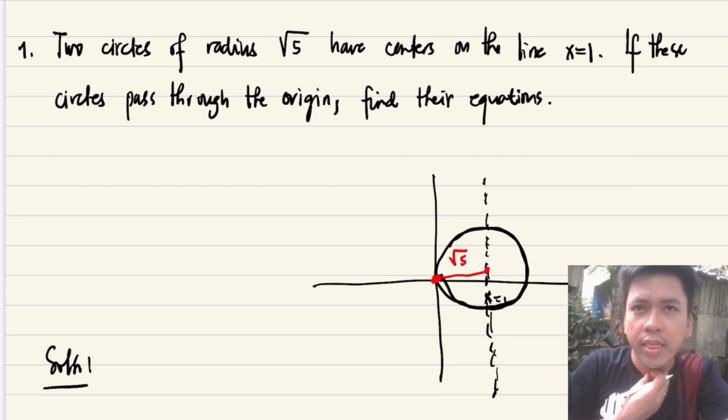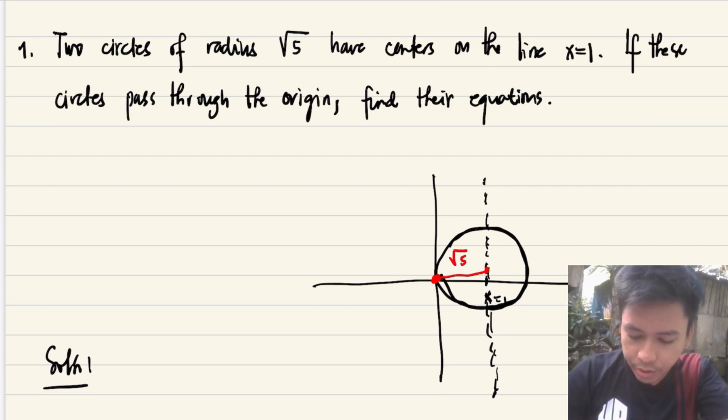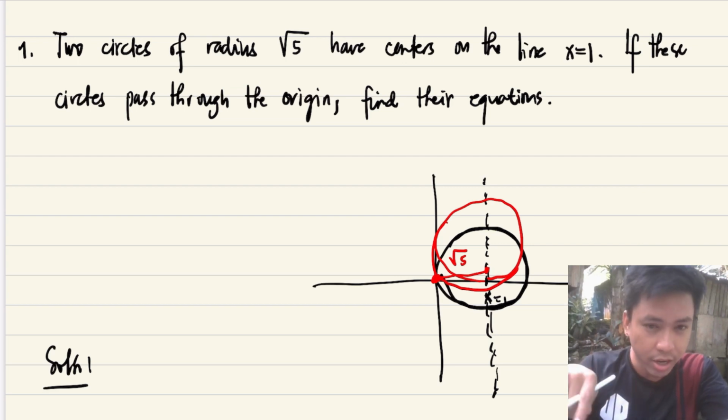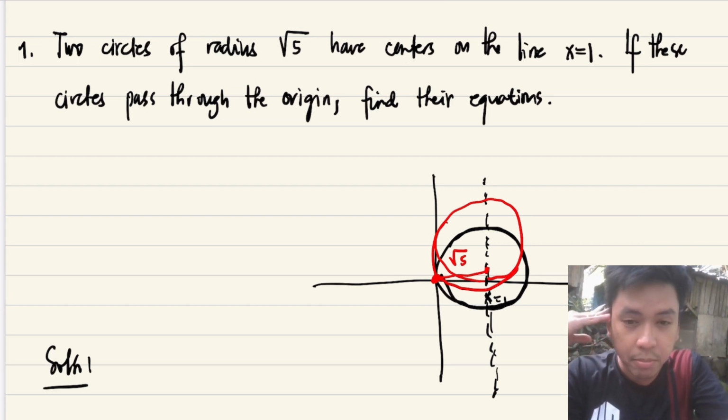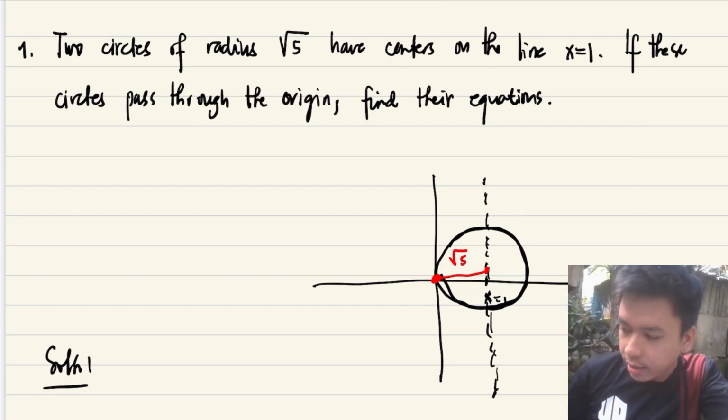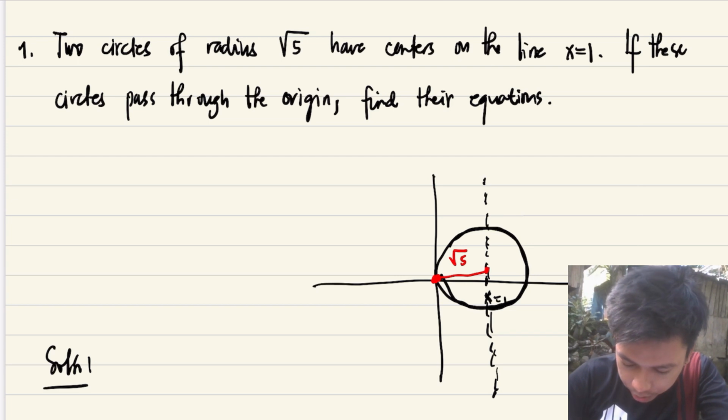There is no way that you can find another circle somewhere in this region, because if you force it to pass through the origin with an entirely different location, the radius would be different. So the only way is to get a circle somewhere in this region that also passes through the origin, and the center will still be found here.